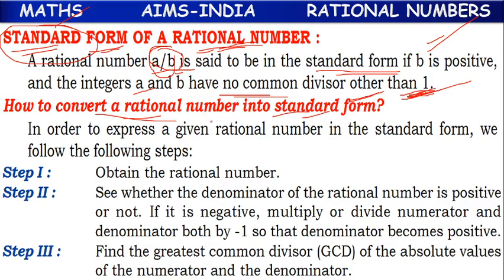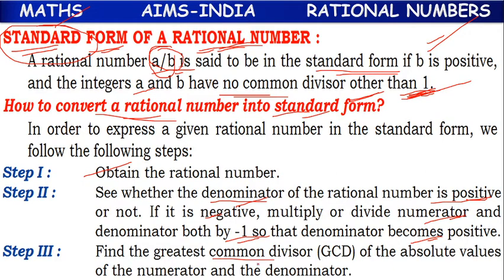Now how to convert a rational number into standard form? We have to follow some steps. First, obtain the rational number. Second, we have to see whether the denominator is positive or not. If it is negative, multiply or divide both numerator and denominator by -1 so that the denominator becomes positive.